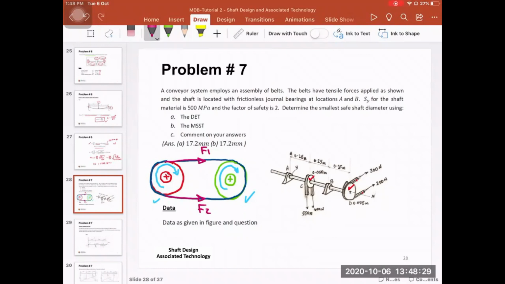In this case, the torque that is here, so of course you have opposite and equal forces.